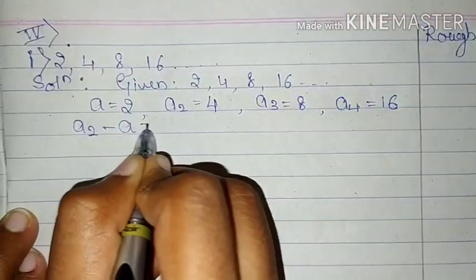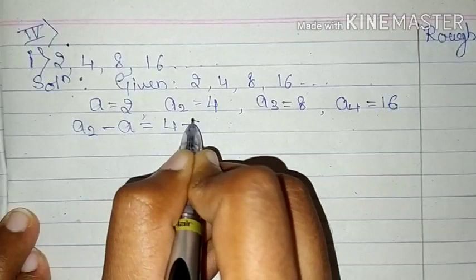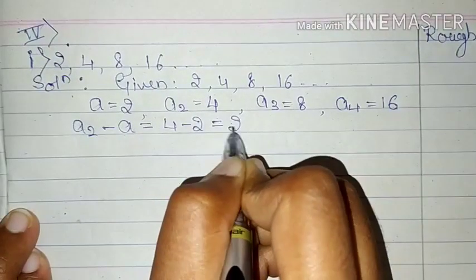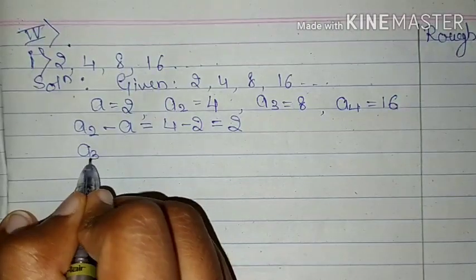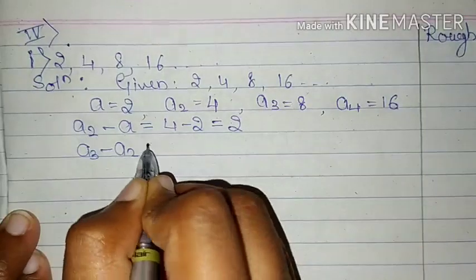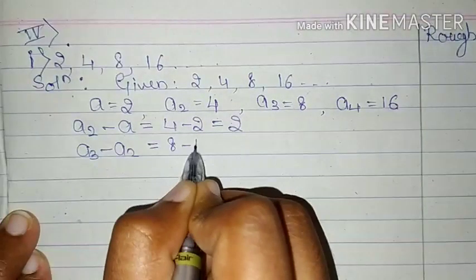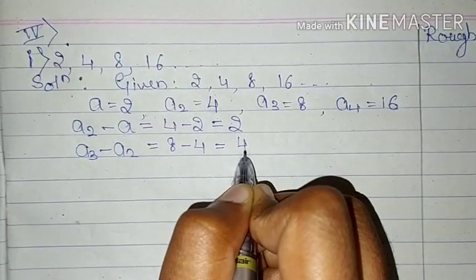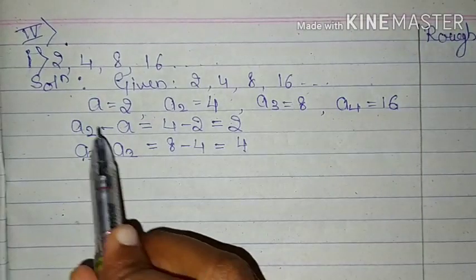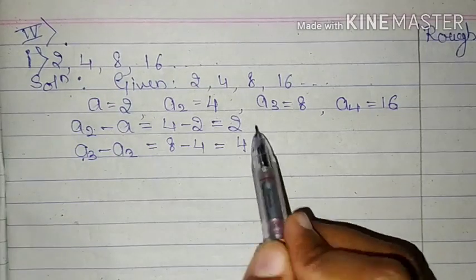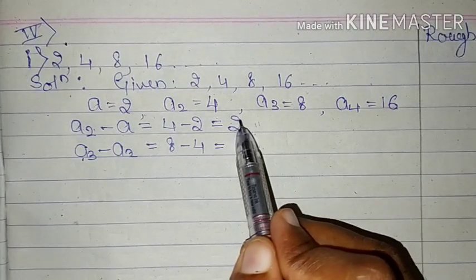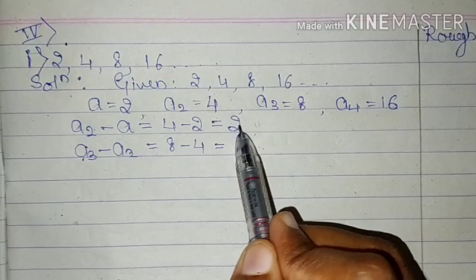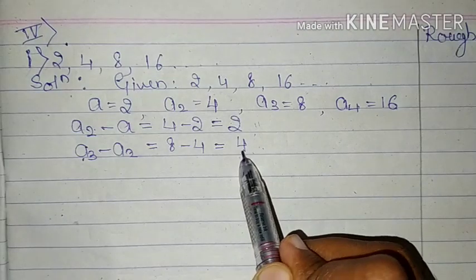a2 minus a1 is equal to 4 minus 2, which is 2. a3 minus a2, which is 8 minus 4, which is equal to 4. Okay, let us stop here because the difference between the consecutive terms is not a constant number. The difference between the first 2 terms was 2 and the next 2 terms is 4.